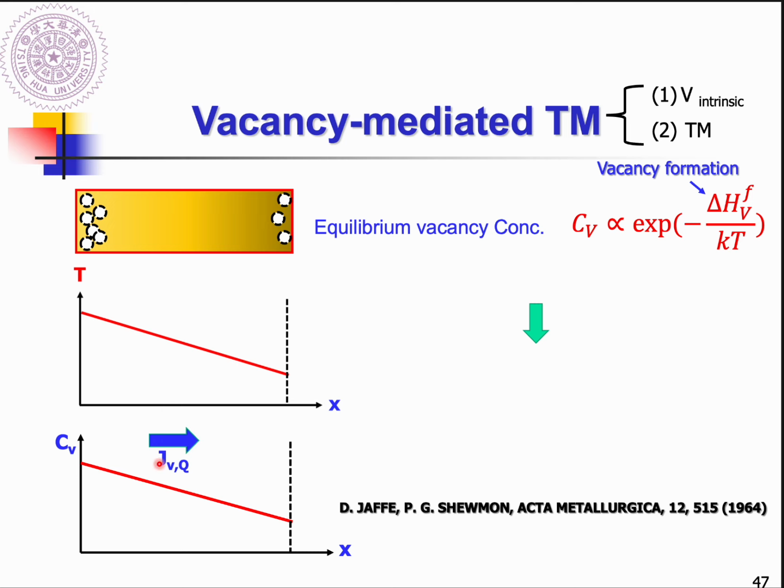And this also means the atomic flux will go in the opposite direction, to the left-hand side, right? So this will be the atomic flux due to the intrinsic vacancies that exist in these materials.